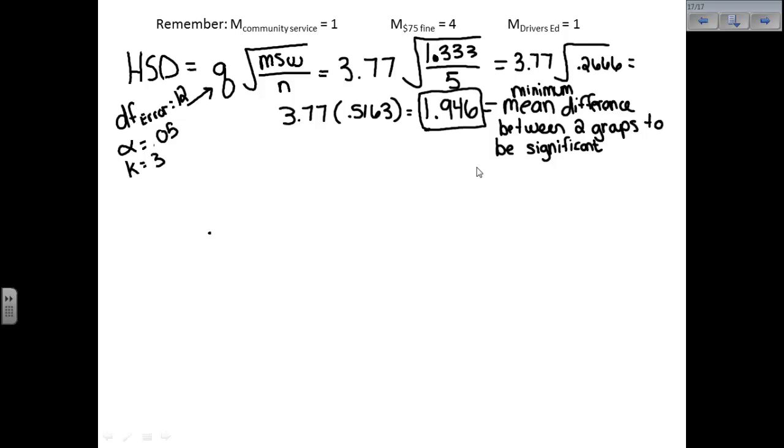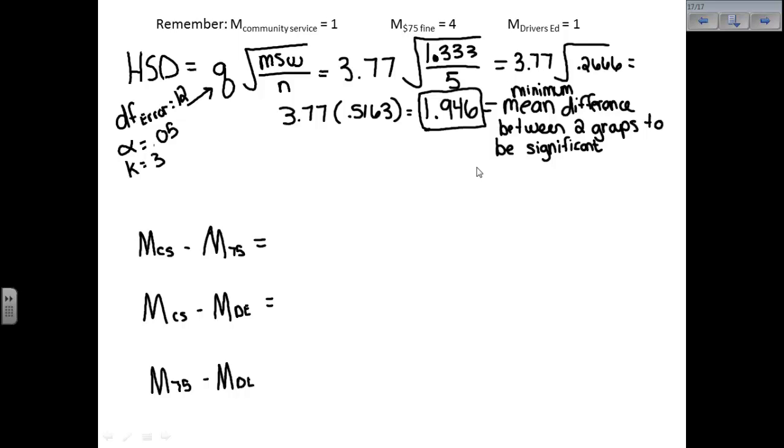So let's find all of the mean differences between every pair of groups that you can have. So the mean of community service minus the mean for $75 fine. The mean for community service minus the mean for driver's ed. And then the mean for the $75 fine minus the mean for driver's ed. So we have 1 minus 4. Remember, absolute values. We just care about the overall difference, not which one was higher or lower.